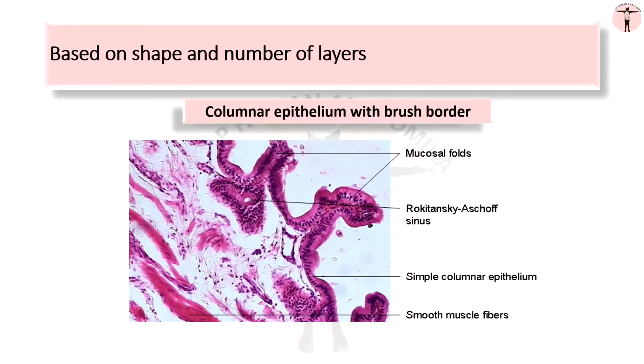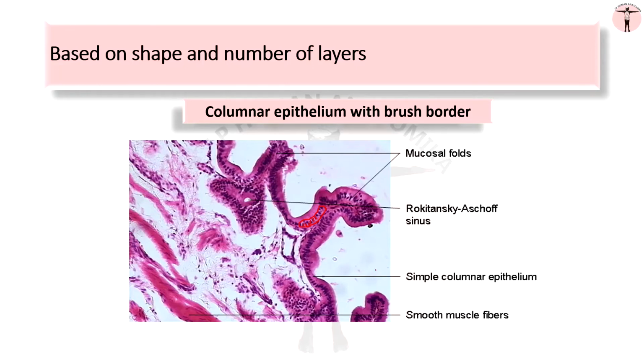So you can observe these are the nuclei, oval nuclei, which are present at the basal part of the cells. Each minute dot that you see in this picture represents the oval nucleus of the columnar cells.